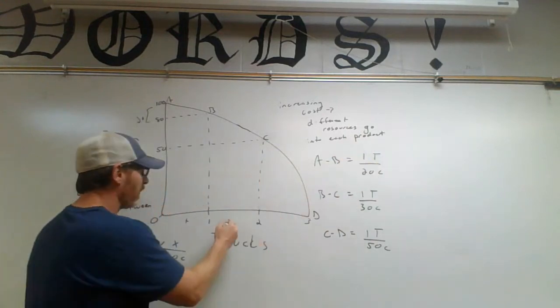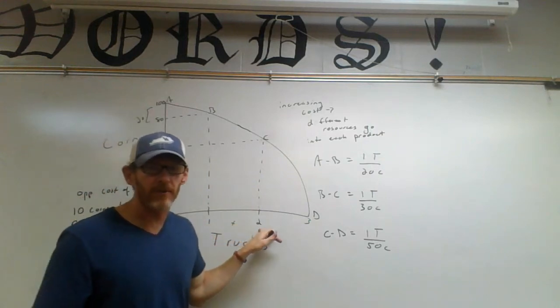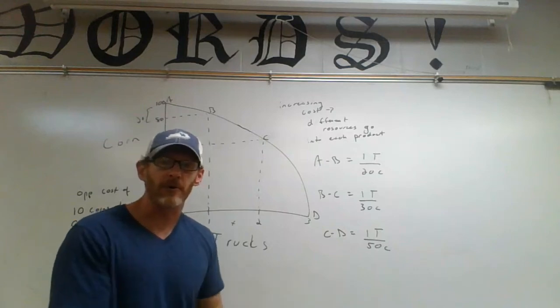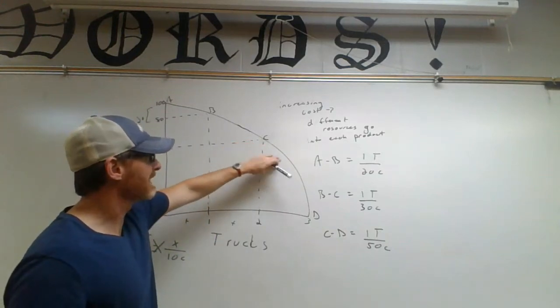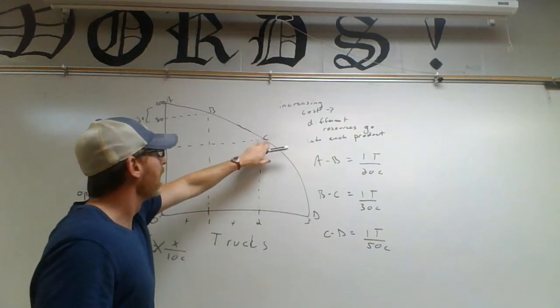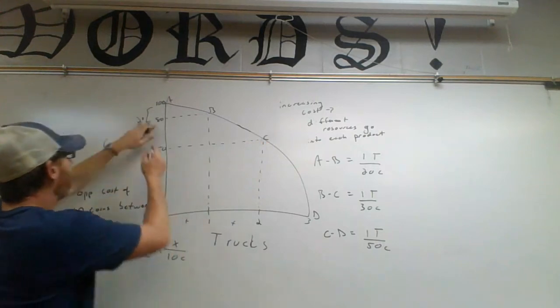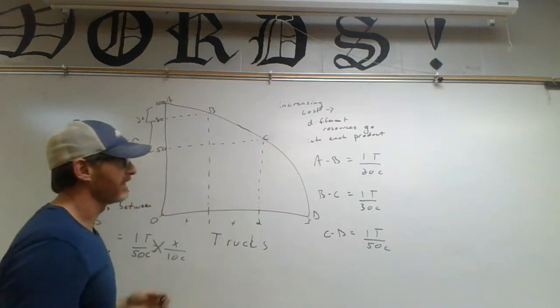Let's say we added 1 more. We went from 1 truck, we added a second truck that we're going to produce, which means we had to give up even more resources that would have gone into growing corn. If we go up here to our line that represents the maximum amount of resources, we can see we can produce 50 corns. So we went from 80 down to 50, which is 30. 80 minus 50 is 30.